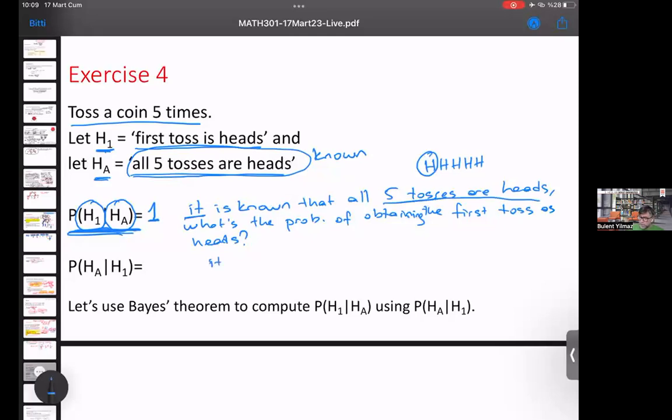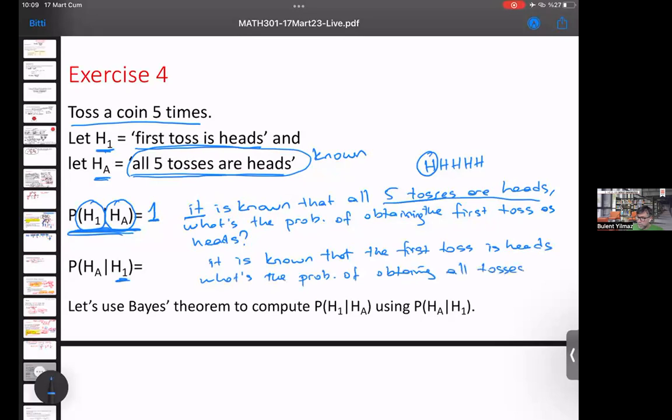It is known that the first toss is heads. What is the probability of obtaining all tosses heads?